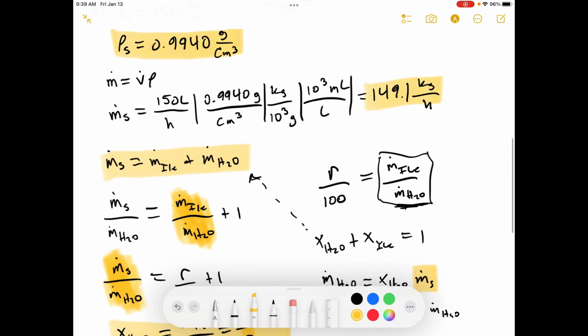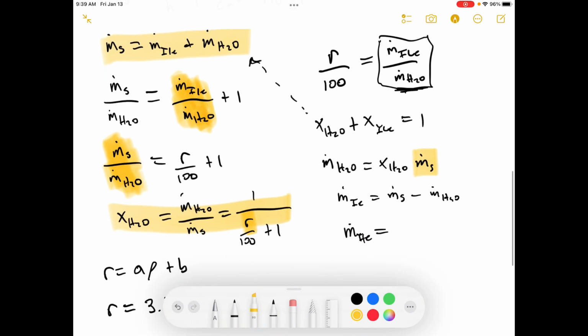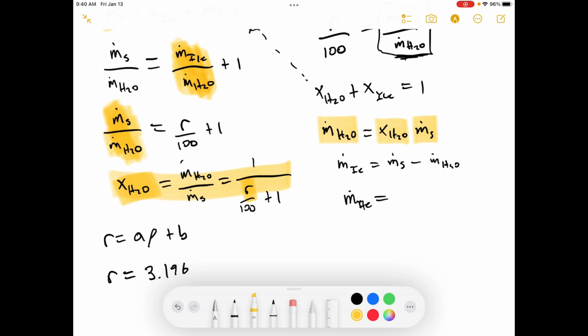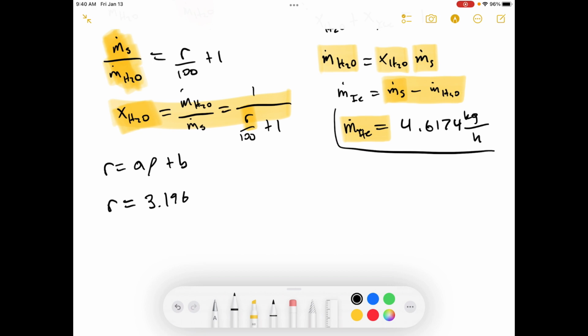We calculated that here, and we know the mass fraction from this function, so then we calculate what the mass flow rate of water is, and we do calculate the total mass flow rate of ILE, and then this should equal 4.6174 kilograms per hour of ILE. Okay, so that's the answer to part B.